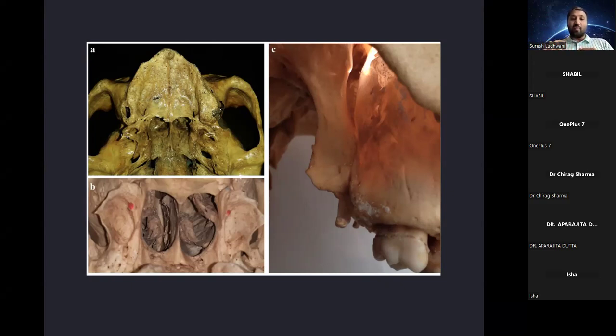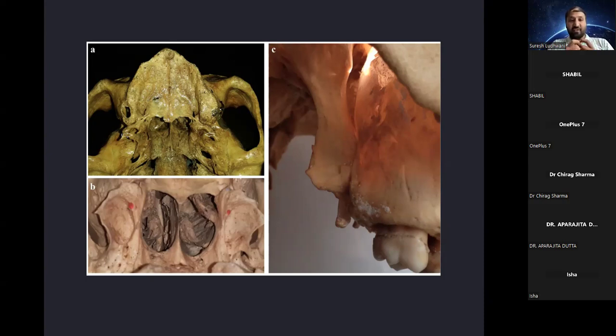This is a combination of the sphenoid bone's pterygoid plates, the triangular part of the palatine bone, and the tuberosity. All three fuse to form a vertical bone, which is the most dense part of the maxilla.